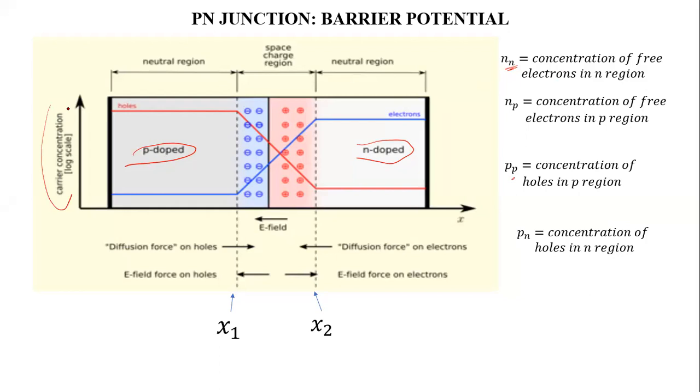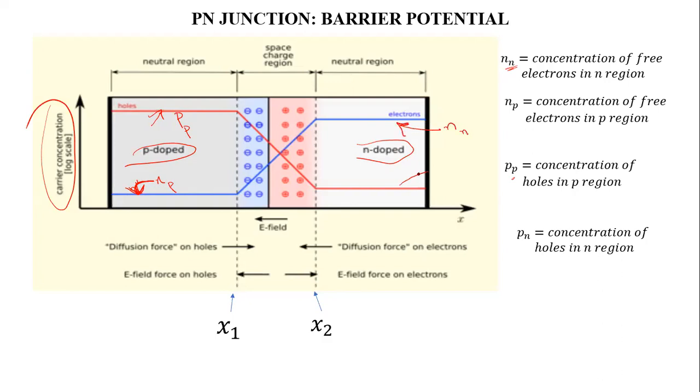So if you plot the carrier concentration like this, you will find that this is your pp, and this is your np. Here np, the concentration of electrons in the p region, is very low. Concentration of holes in the p region is very high. However, when you come to the n-type, the concentration of free electrons on the n side is known as nn.